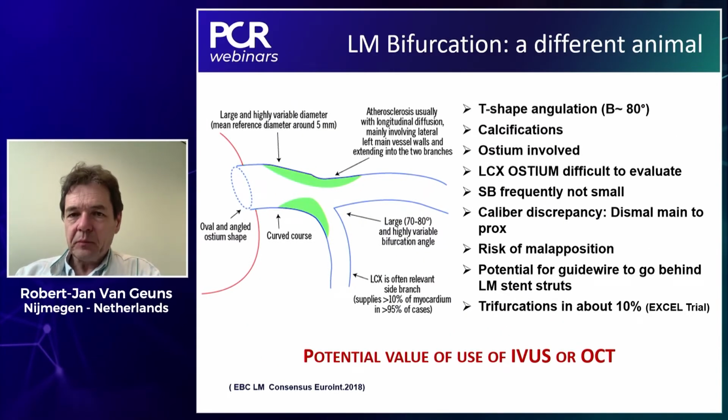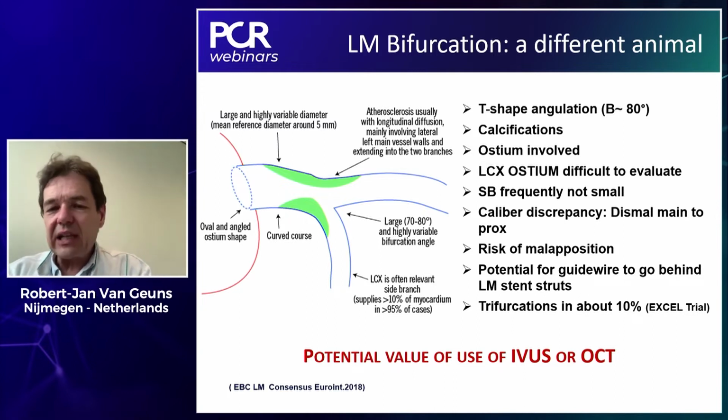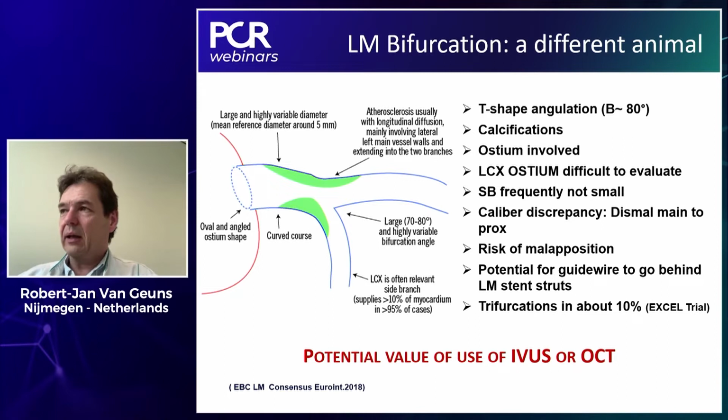Next slide. So if you have decided that treatment of the left main is indicated based on the physiology, then we have to consider why the left main bifurcation is so different, and where imaging technology helps us to make better assumptions. The difference is that there's a different kind of angulation, probably closer to 80-90 degrees.